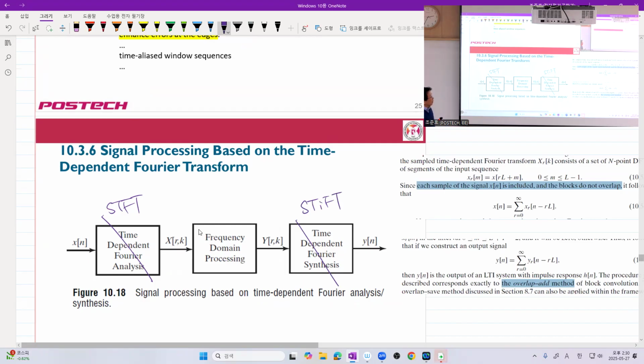Then, since we are time limiting this, when we synthesize y of n, our old technique, the overlap-add method we learned in the application of the FFT or DFT, can be used again.